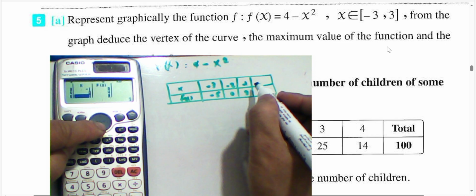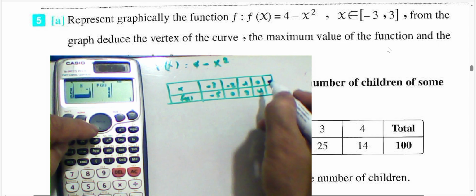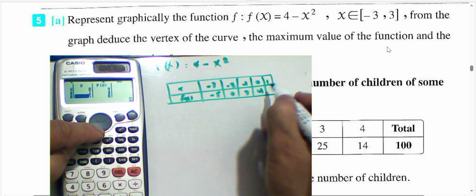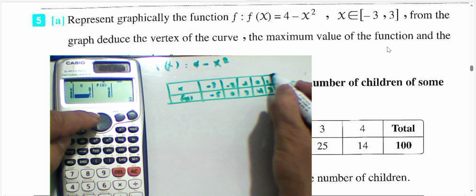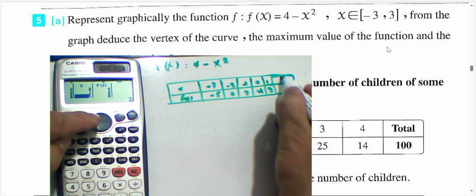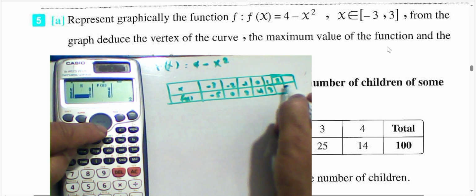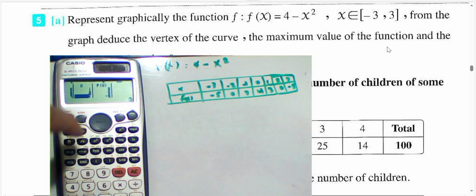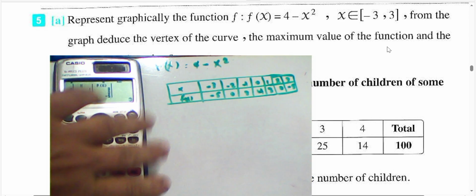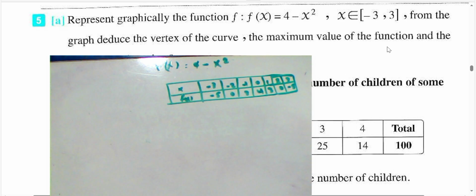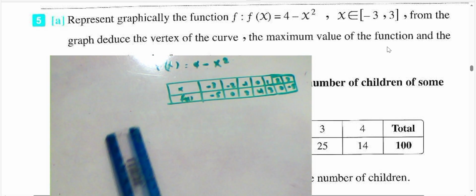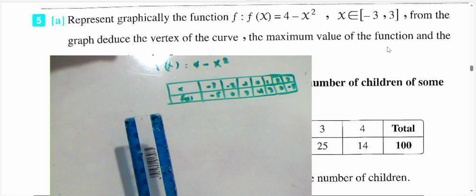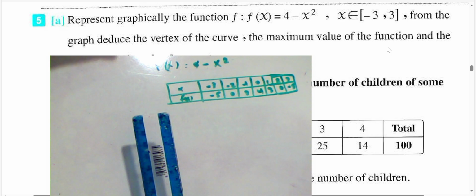Then 0 was 4. 1, the image of 1 equals 3, and then the image of 2 is 0. The image of 3 is -5. Okay, and then you can draw the graph of this function.